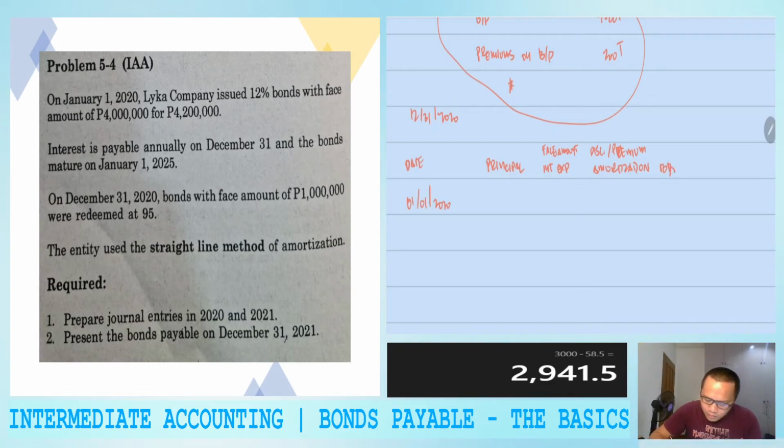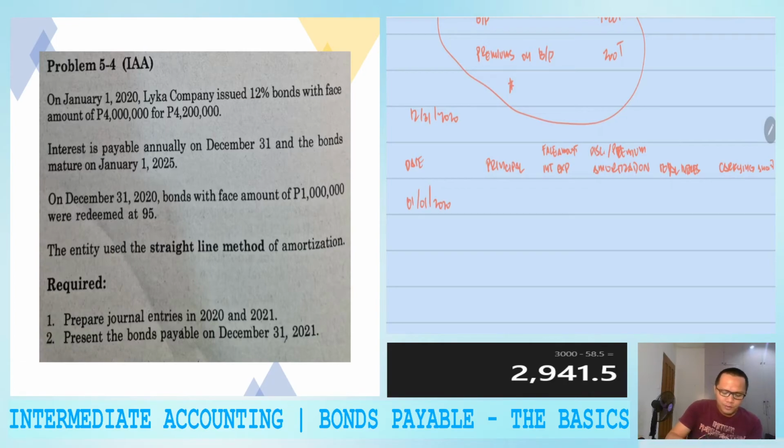Then total interest. So when you say total interest, that is interest expense based on face amount plus the amortization of your discount and premium, di ba? Based on our entry. And then we have the carrying amount. Okay?